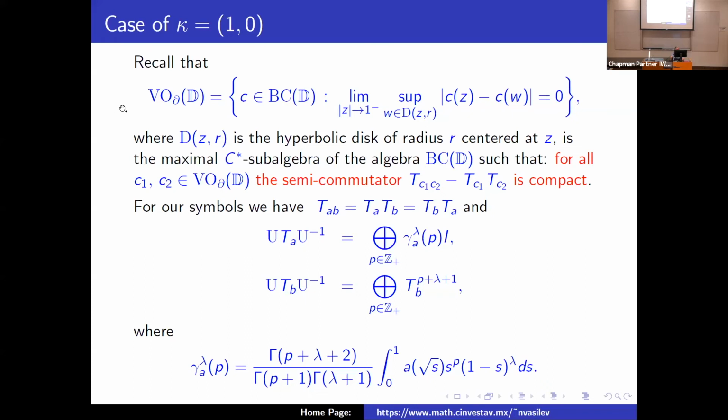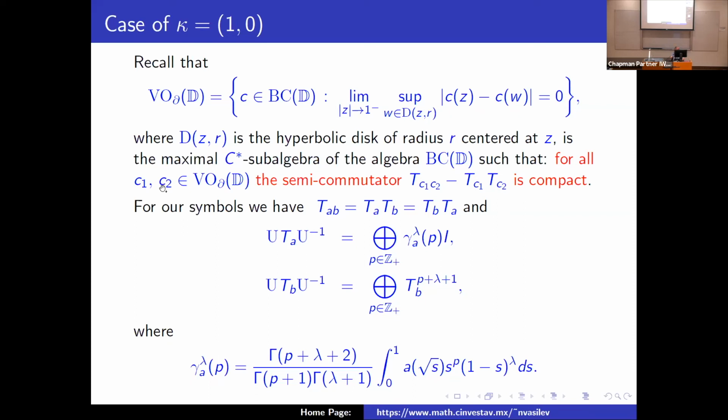This algebra of vanishing oscillation on the boundary of the unit disk consists of bounded continuous functions such that if we consider the hyperbolic disk of radius r centered at Z, consider any point W from this disk, consider the variation on this disk, set Z to infinity, and this variation should be zero near the boundary, should vanish near the boundary.